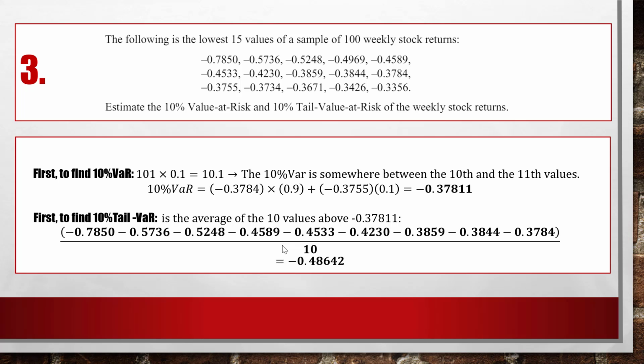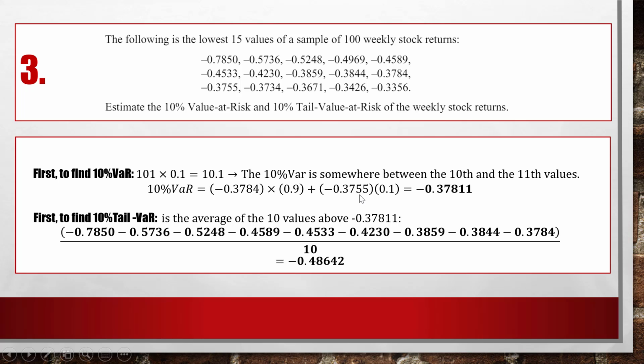So 10.1 here is a number between 10 and 11, which means that the value at risk should be between the value at the 10th position and the 11th position. The number at the 10th position is negative 0.3784, and the value at the 11th position is negative 0.3755.